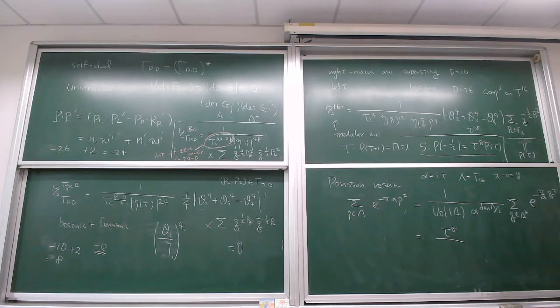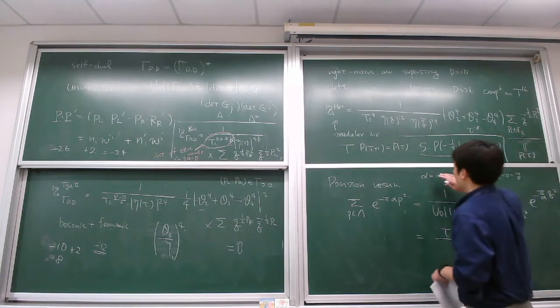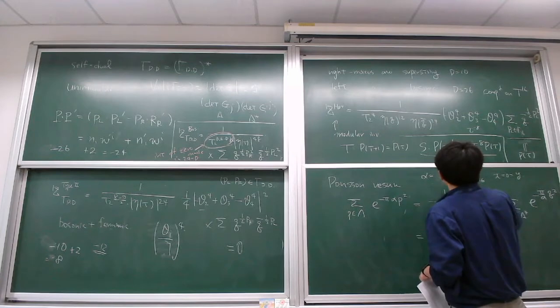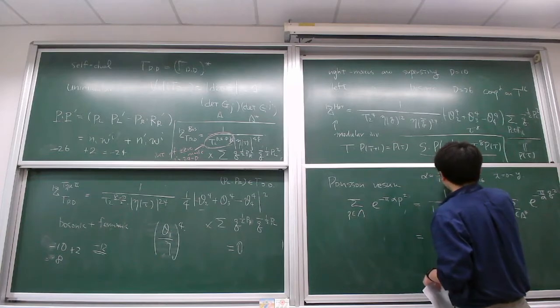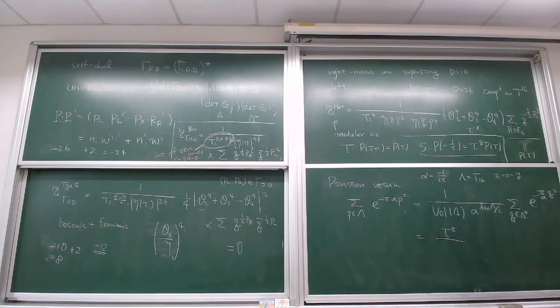Why do I get this? Oh yeah, sorry. Alpha should be minus 1 over i tau. Sorry, I think it should be 1 over i tau.